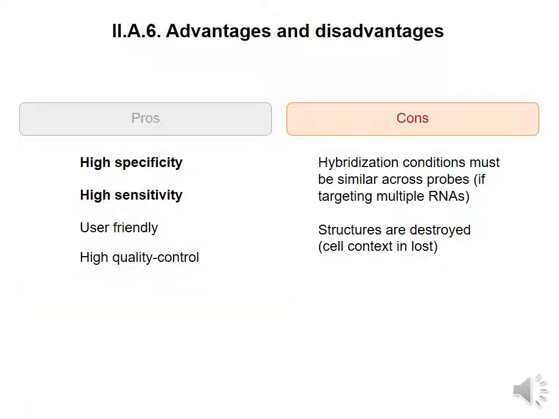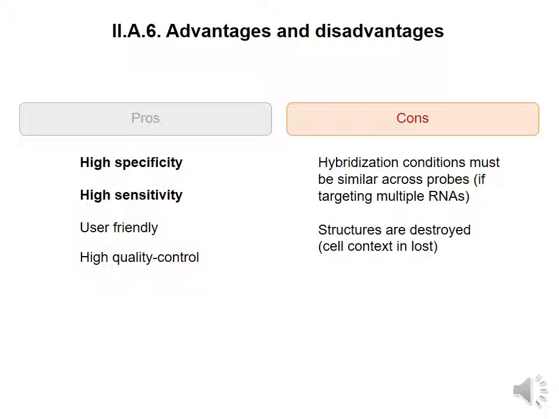So finally, what are the advantages and disadvantages of using qRT-PCR? Well, on the con side, you need to have hybridization conditions that must be similar across different probes or primers. If you're targeting different RNAs, they really need to have similar conditions on how they amplify the targets, so then you can compare different genes with each other.